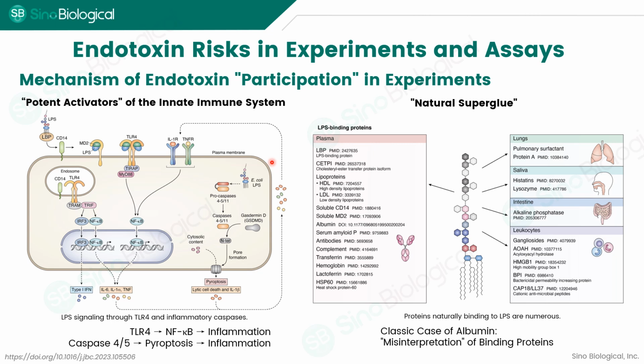First, let's see how endotoxin would be involved in experiments. The endotoxin is a potent activator of the innate immune system. It can bind to LBP protein as well as MD2 protein and activate the TLR4 signaling pathway, and ultimately lead to NF-kappa B activation and the release of pro-inflammatory cytokines, which cause inflammation.